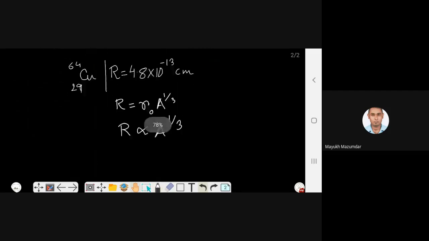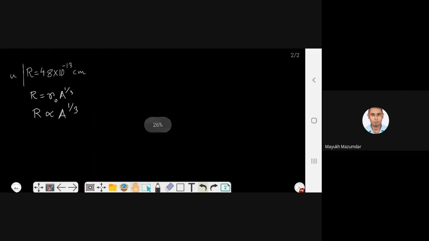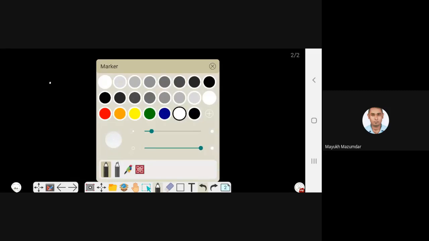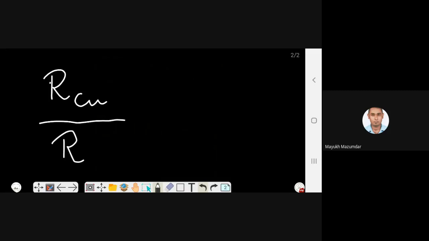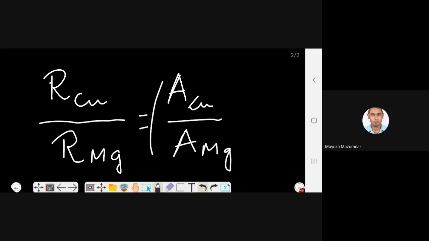So let me write it in comparative ratio mode: R copper by R magnesium would be equal to A copper by A magnesium to the 1/3.